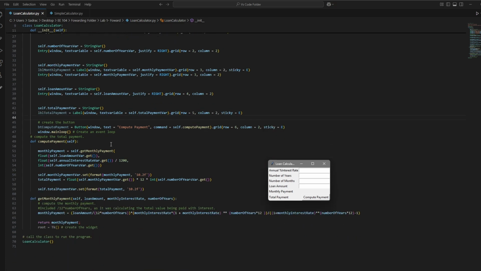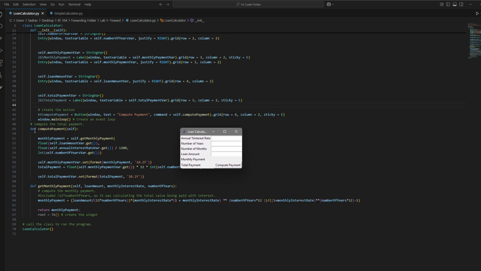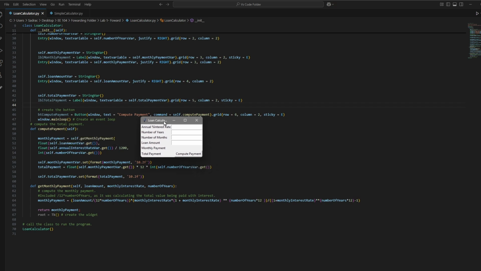And then moving on to this def compute payment. This is just going to be the step that we would be taking to compute the payment.